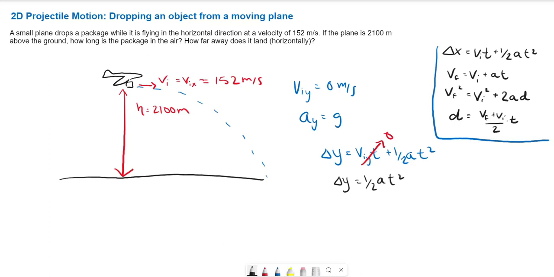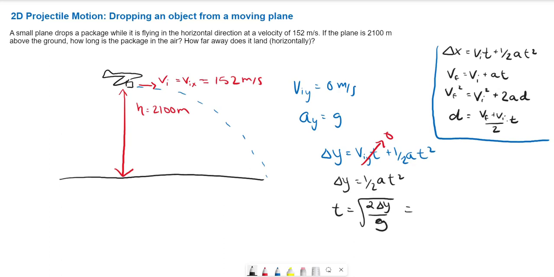Now we want to solve for the time, so let's multiply both sides by 2, divide by the acceleration, and take the square root. So t equals the square root of 2 times delta y over a. Now of course our acceleration here is g.